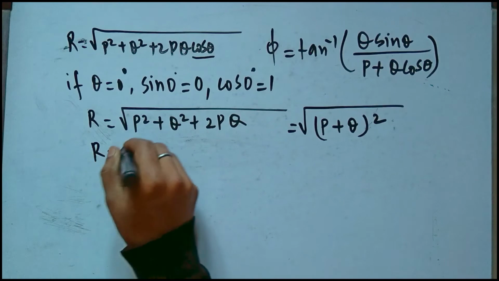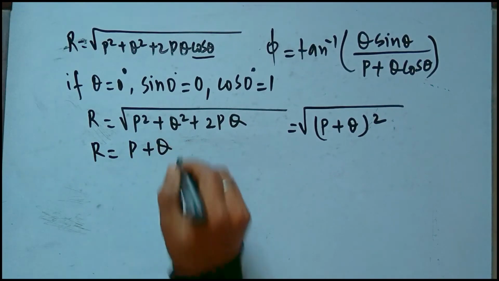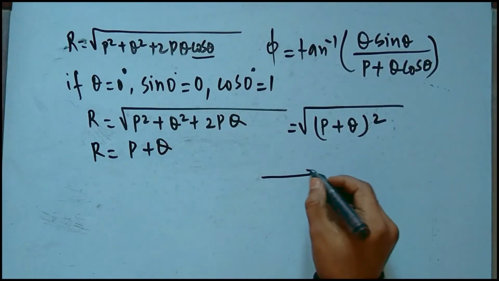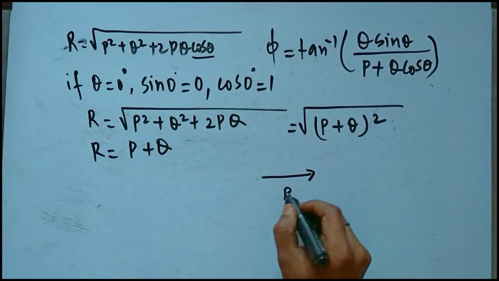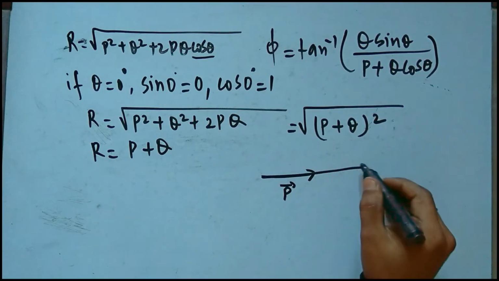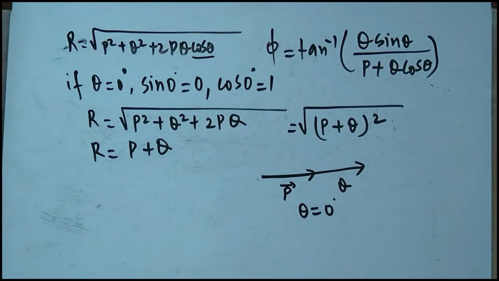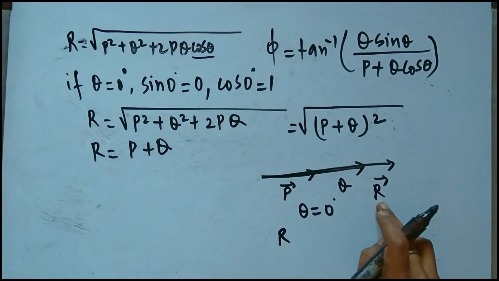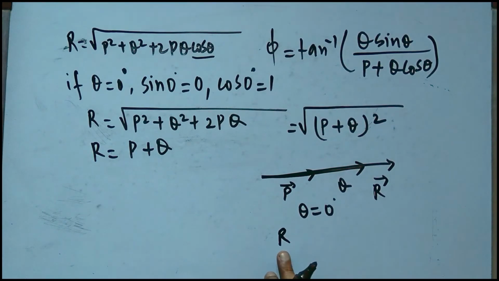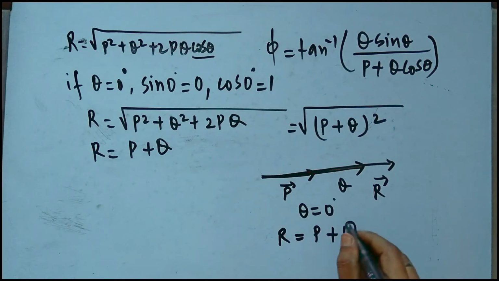So resultant is equal to P plus Q. If two vectors are in the same direction, this being P and this being Q, theta is 0 degree, the resultant is in the same direction. The magnitude of the resultant is simply the arithmetic sum of magnitudes of the two vectors.